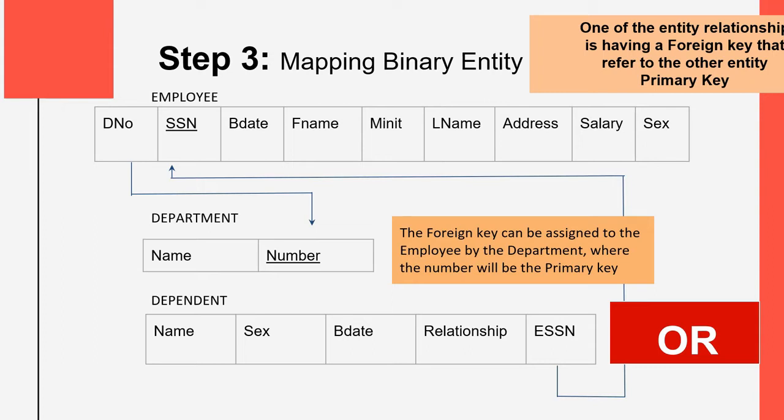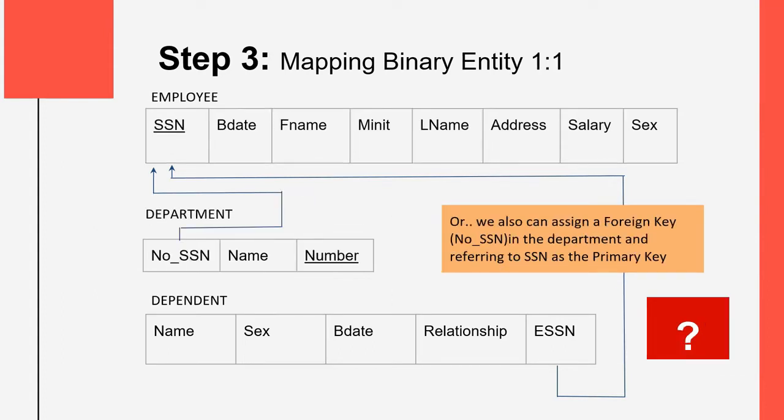Here we have two choices of where to put the foreign key: either at the employee, which refers to the department, or we put the foreign key at the department, which refers to the employee. So we have two options here.